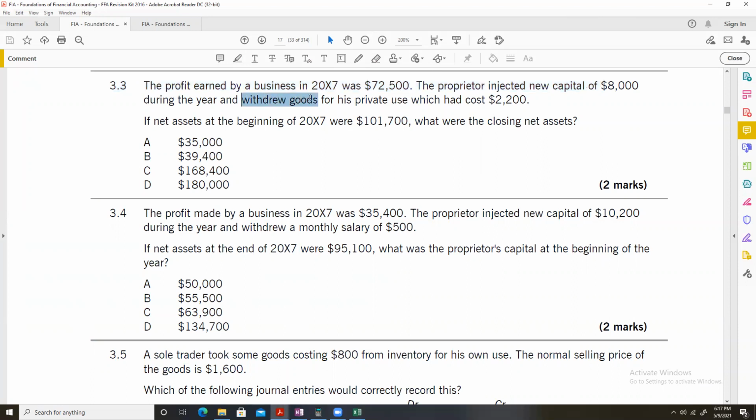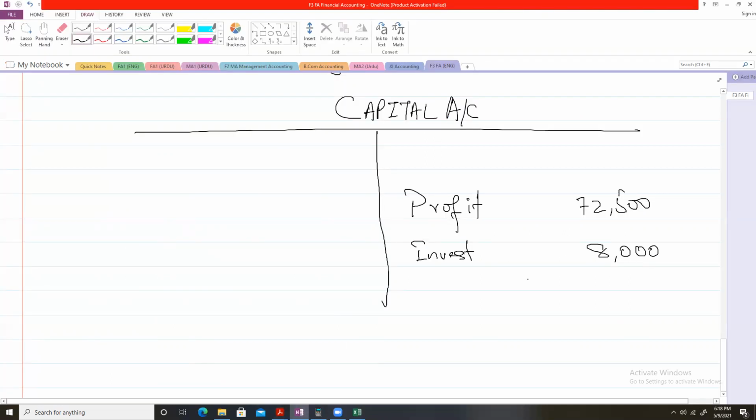And the owner also withdrew goods for his private use. How much? $2,200. Now, I told you that drawings reduce the capital. And when the capital account is reduced, the capital account is debited. So we will take drawings on the debit side, $2,200.